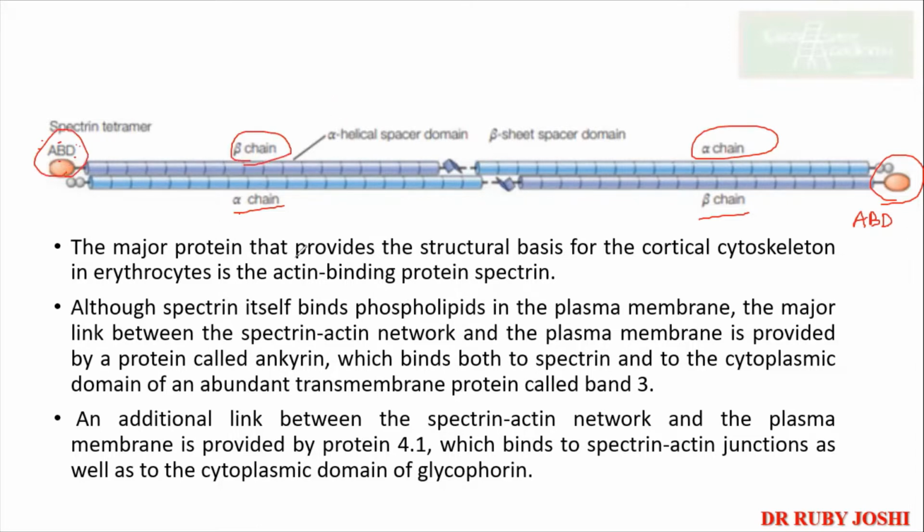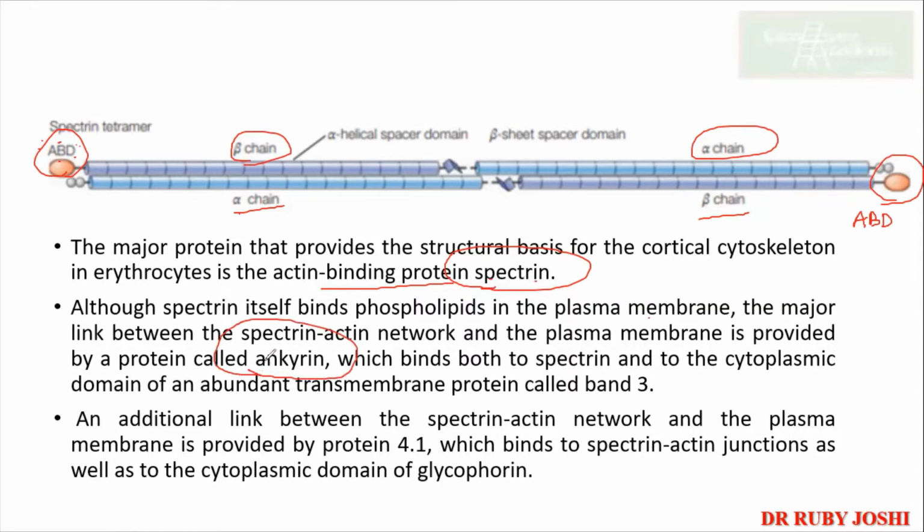So the majority protein that provides a structural basis for the cortical cytoskeleton in erythrocyte is the actin binding protein called spectrin. Although spectrin itself binds phospholipids in the plasma membrane, the major link between the spectrin actin network and the plasma membrane is provided by the protein called ankyrin.